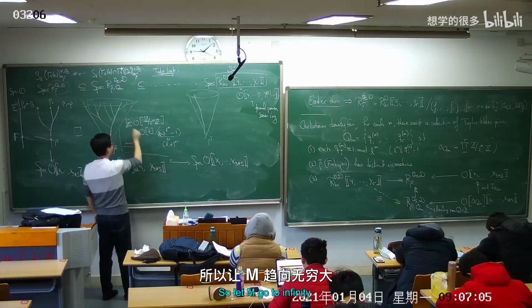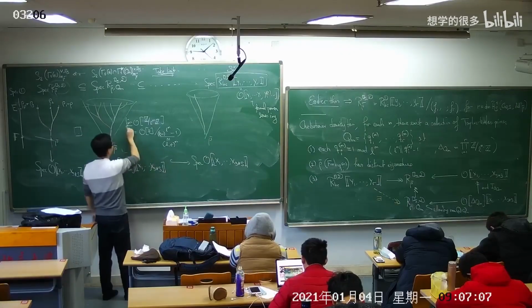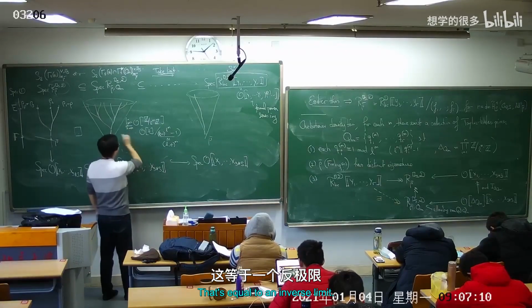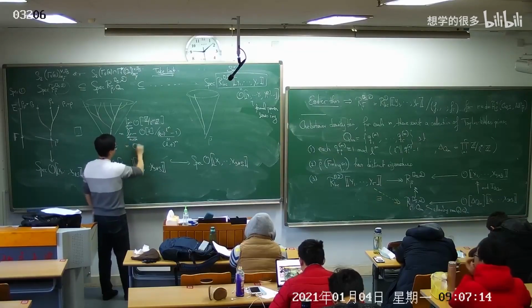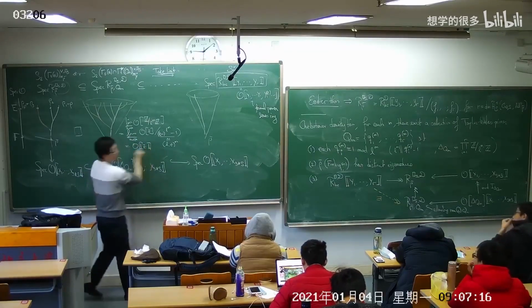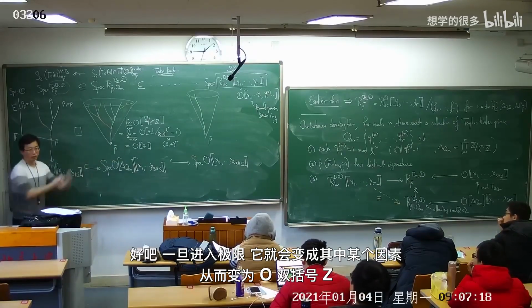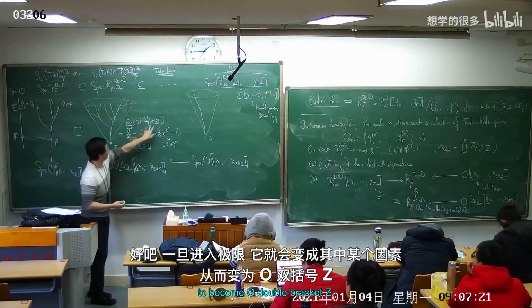So let M go to infinity, that's equal to the inverse limit as M goes to infinity. So that's the same thing as O double bracket. When you take the limit, one of these factors becomes O double bracket Z.